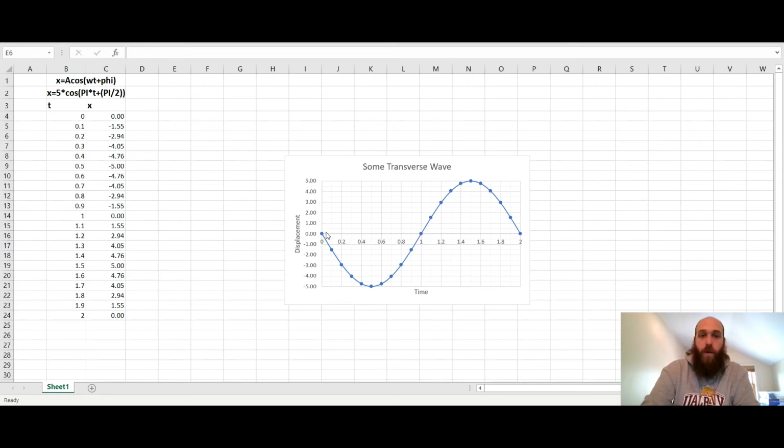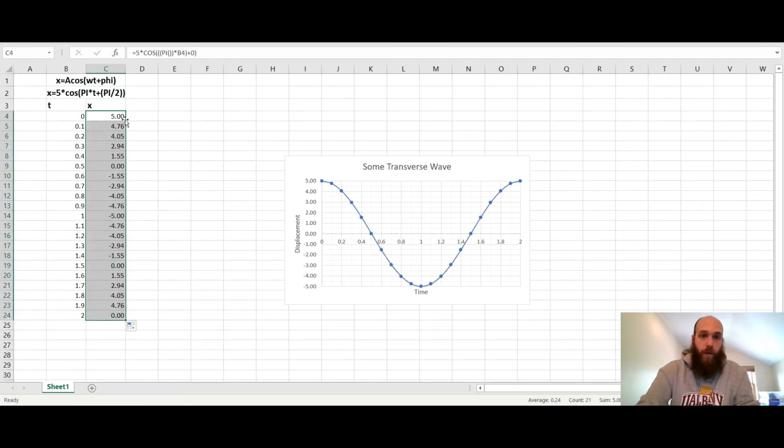And that's what determines where we actually start. Because it's pi over 2, we're starting at a minimum, but if I was to go in and change this to be, for example, 0 and not shift it at all, it would look like our normal cosine graph that we would expect.